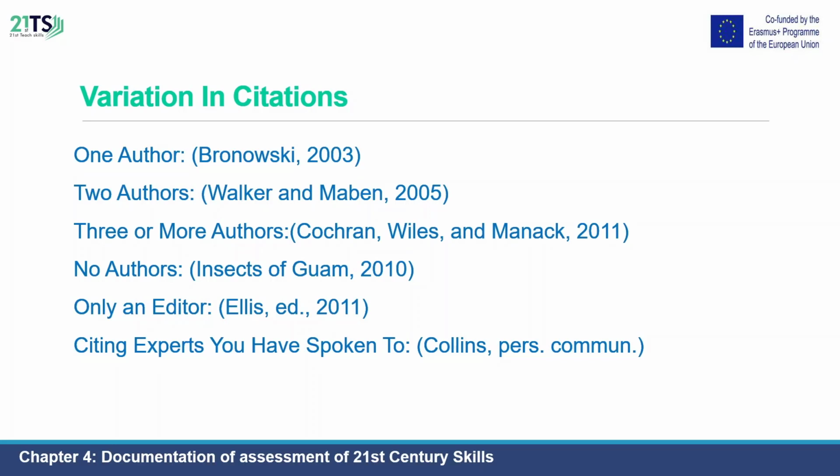With three or more authors, you start with the last name, commas, and another last name, and for the last one you use and, then the year of publication. This example can show you. Some sources might have no author, so you can use a phrase like insects of worm, something like that.